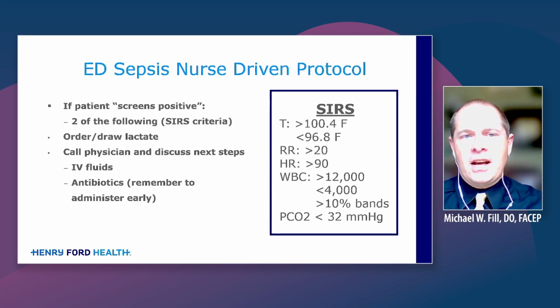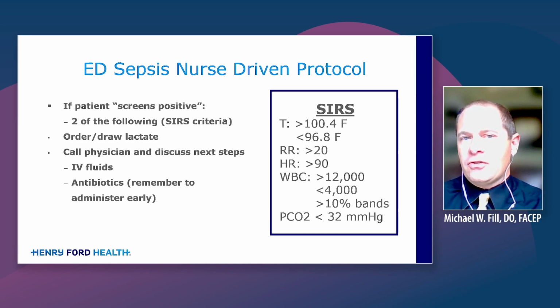When we first started tackling sepsis, we empowered our nurses in the emergency department to draw lactates. So we have a nurse-driven protocol where if the patient screens positive, meaning they have any of the two following SIRS criteria, which you can see listed on the right of your slide, the nurses order a lactate and send it up to the lab.